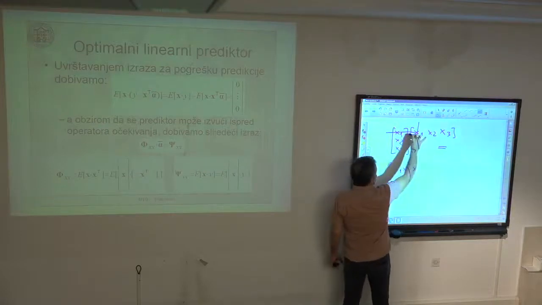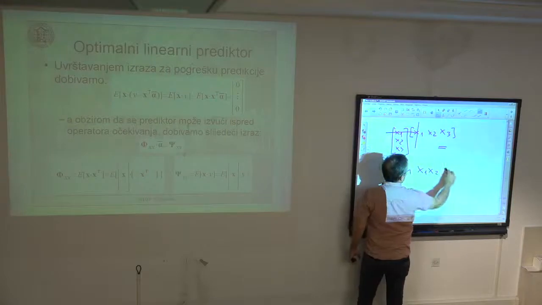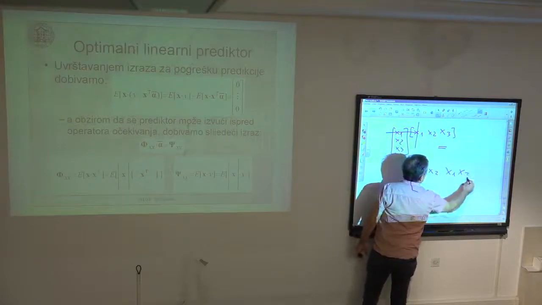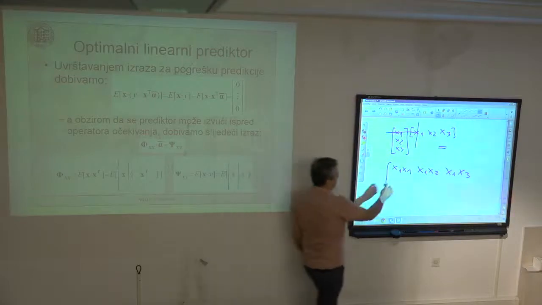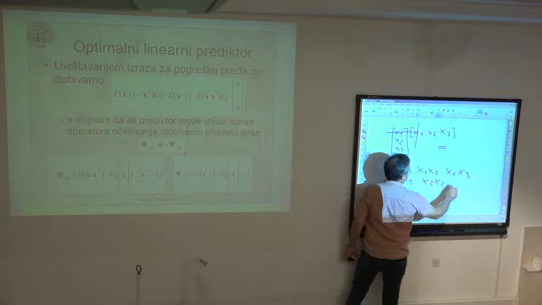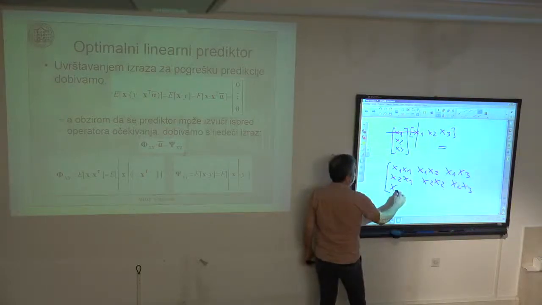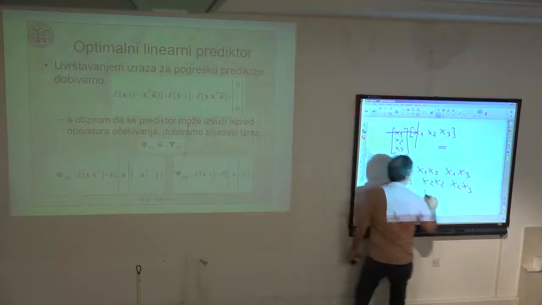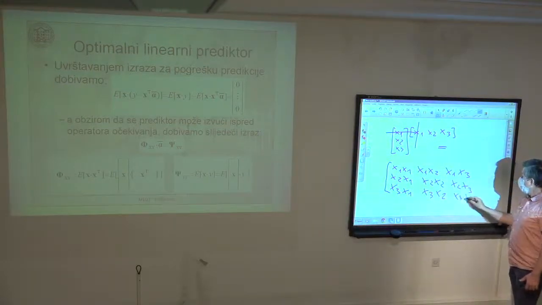Then I take the first row times the second column: x1, x2, x1, x3. Now I go with the second row: x2 times x1, x2 times x2, x2 times x3, and finally the third row: x3, x1, x3, x2, x3, x3.